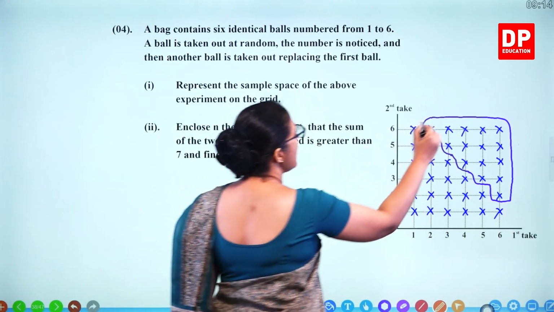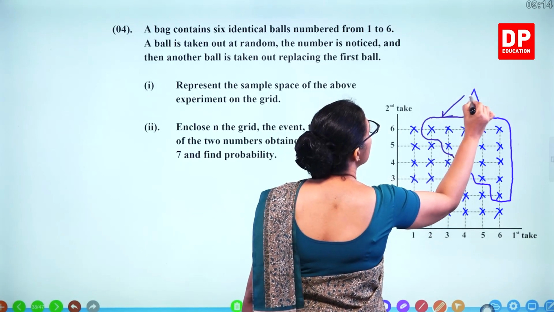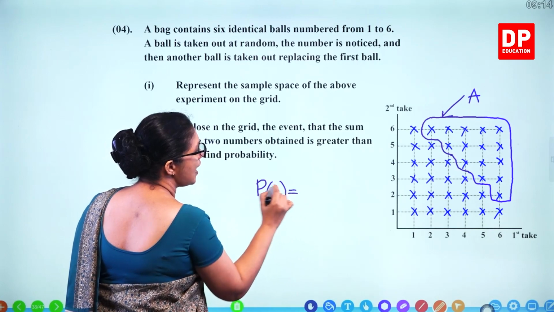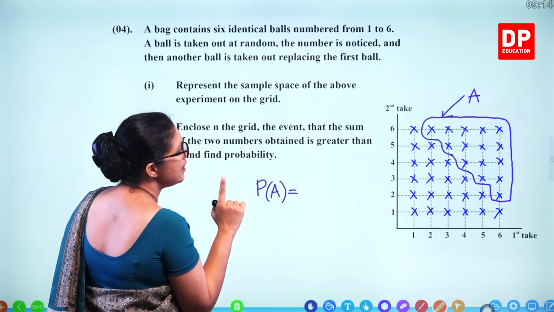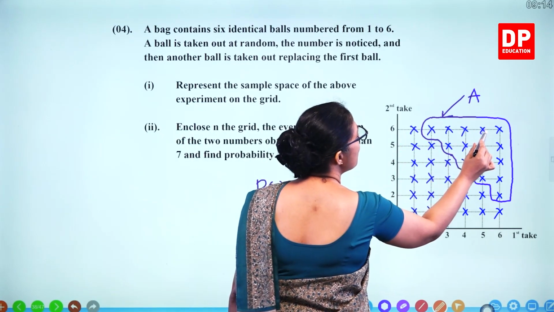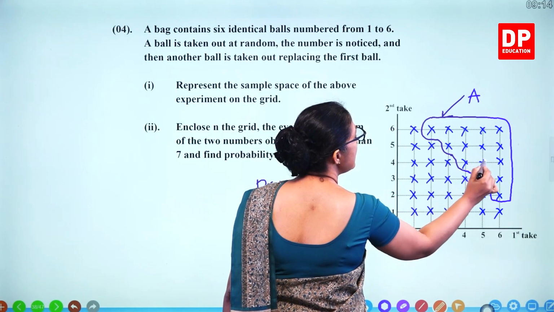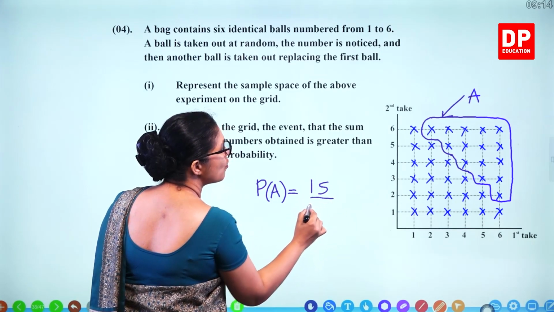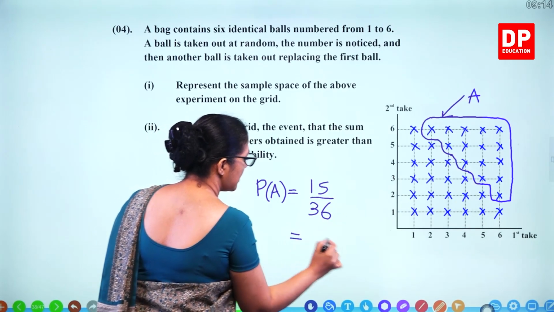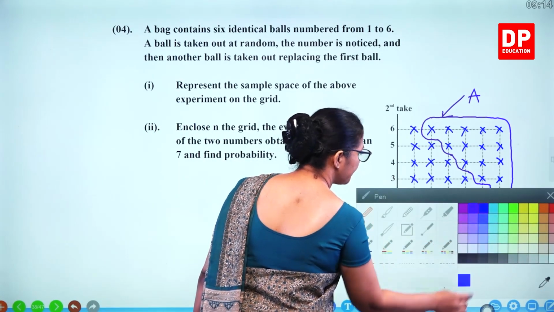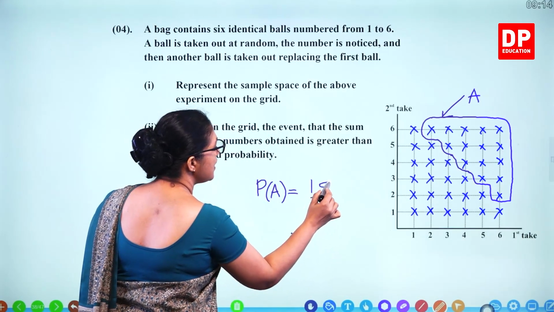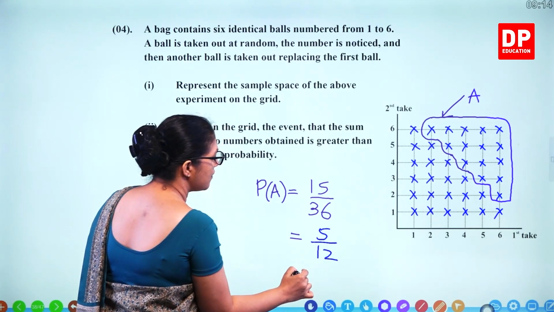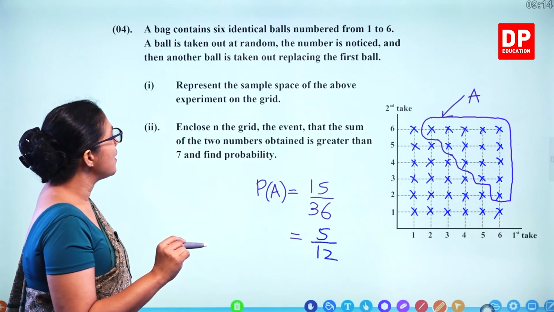So if this is A, what's the probability of A? Probability of getting A, that means more than 7. 1, 2, 3, 4, 5, 6, 7, 8, 9, 10, 11, 12, 13, 14, 15. 15 comes out of 36. 3 times 5, 15. 3 times 12. So 5 over 12.